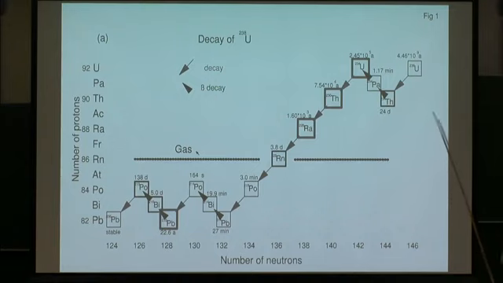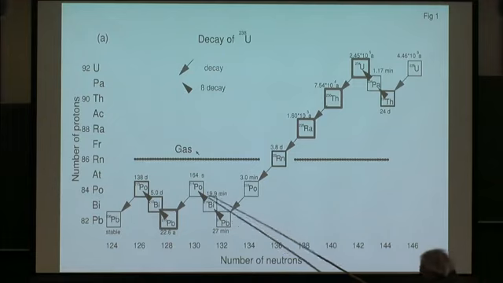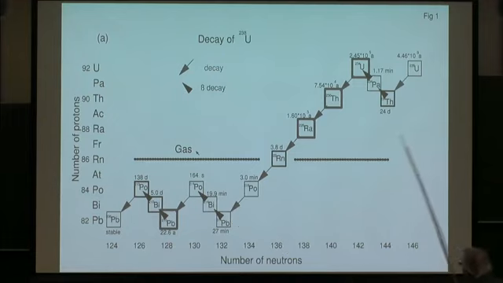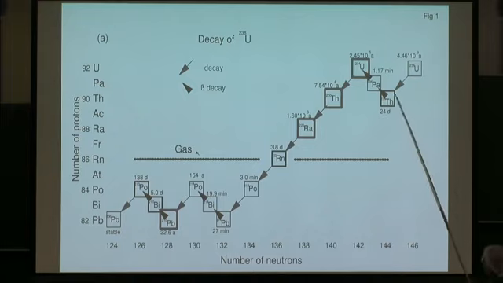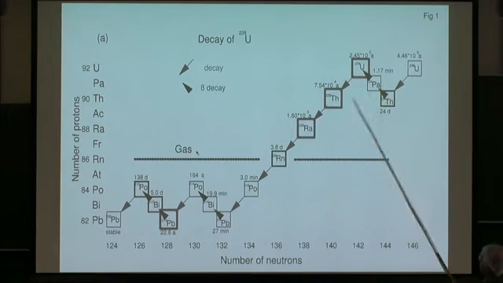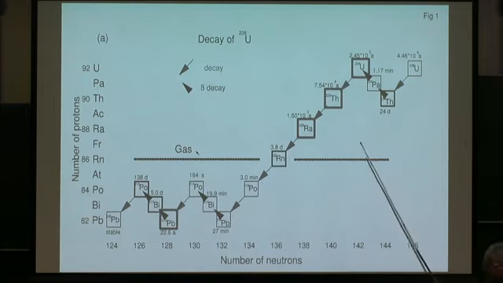And this just shows what happens when uranium-238 decays, goes through a whole chain of different isotopes. And the reason why this whole chain is so useful to us is that the ratios of the concentrations of these different isotopes when you're in radioactive equilibrium is simply dependent on their half-lives and not on anything else.